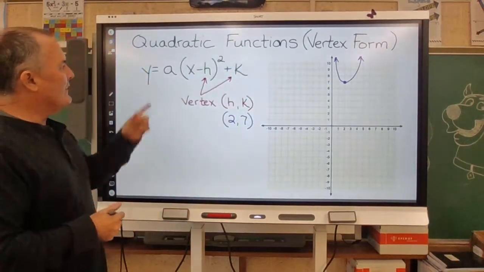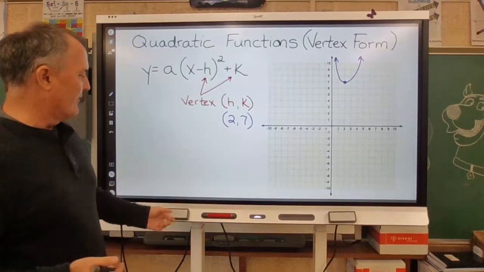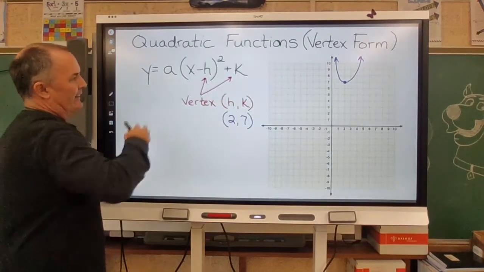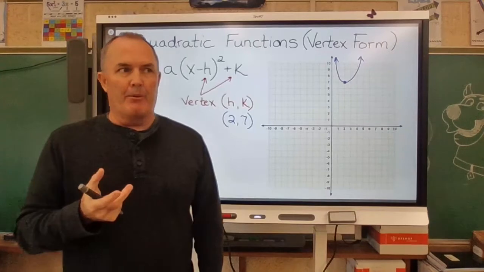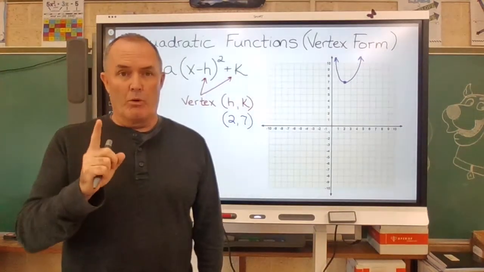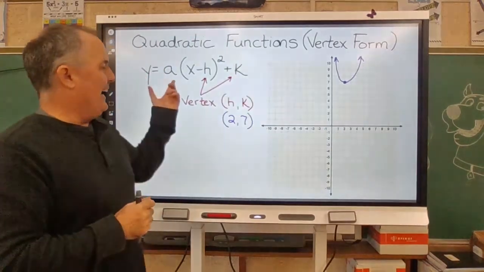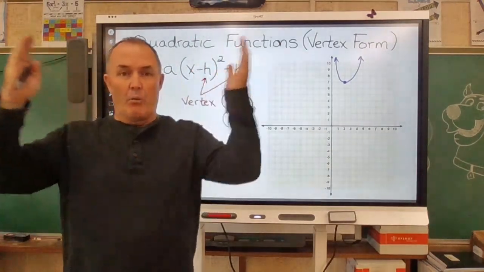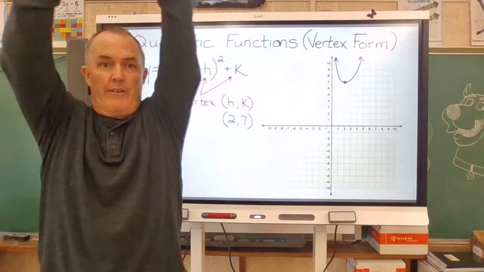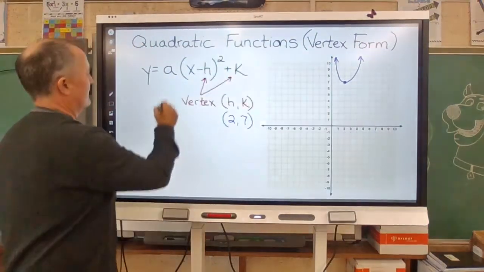All right, now, what does the a do? The a is a little different. The a, we actually did use in our examples, but we let a equal 1. That's why we kept the same shape of the parabola. The a is a number that actually determines how wide the parabola gets or how narrow the parabola gets.